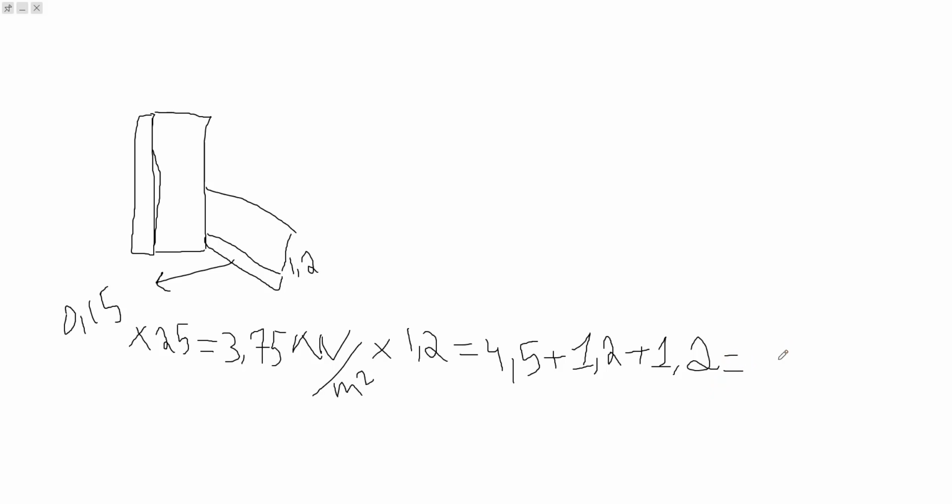If we add these three, 4.5 plus 1.2 plus 1.2, then we will have 6.9, and I consider it 7 kilonewton per meter is the load of this staircase.